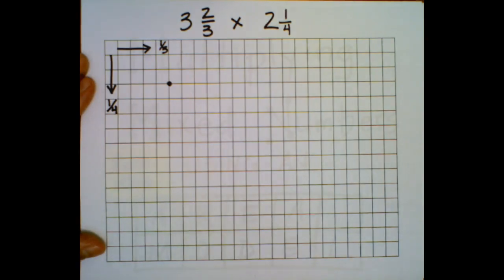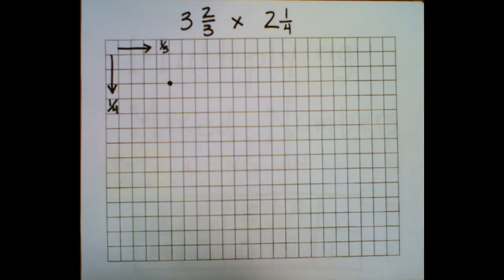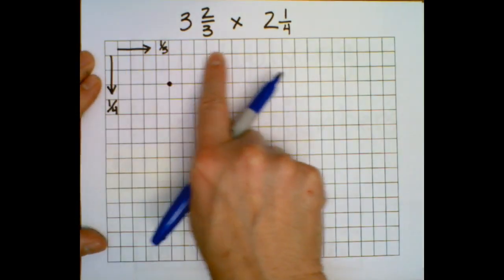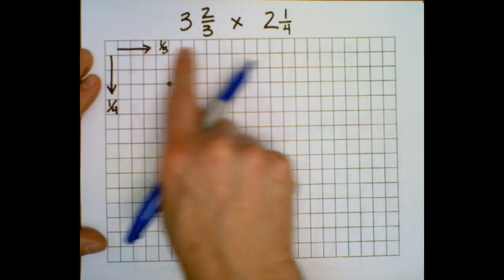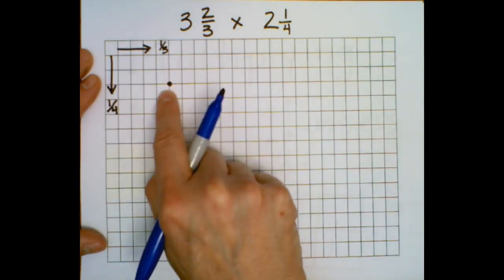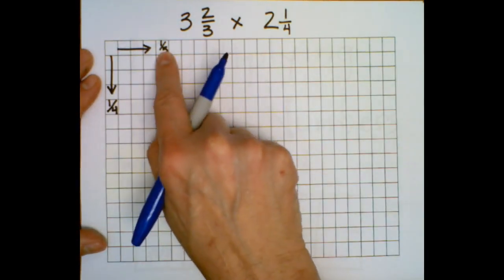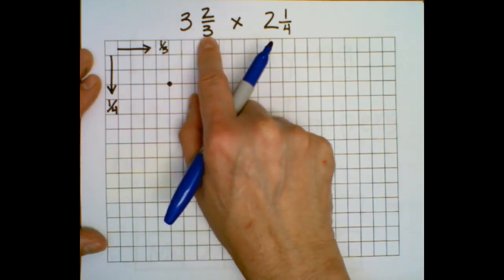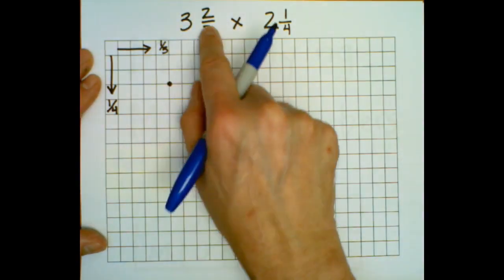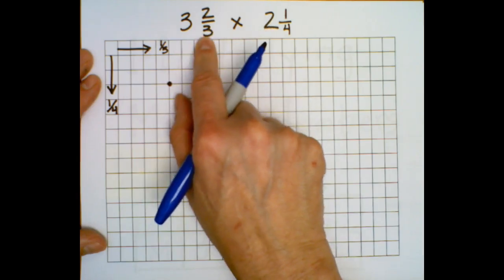One of the things that we need to understand as we do this is that I've got two little arrows up in the corner. As I go to the right, across the page, each one of these grids is going to represent 1/3. And I get that because my fraction part that I'm using here is in thirds.